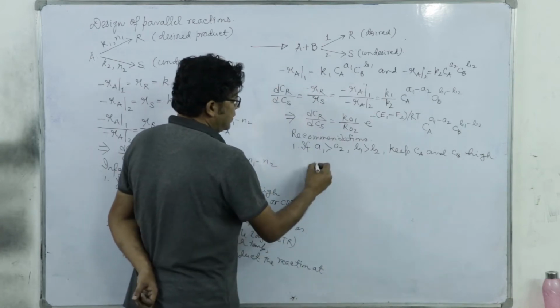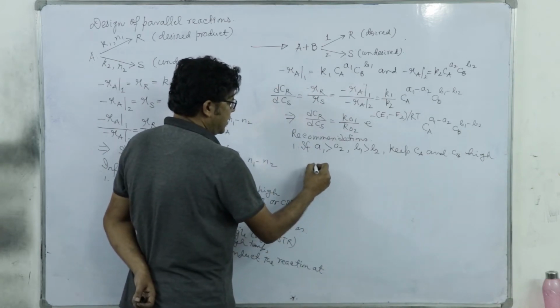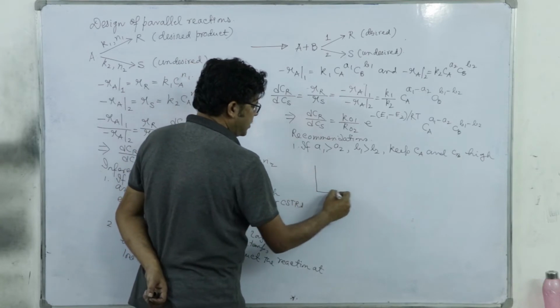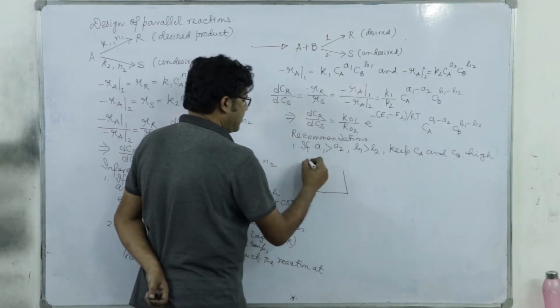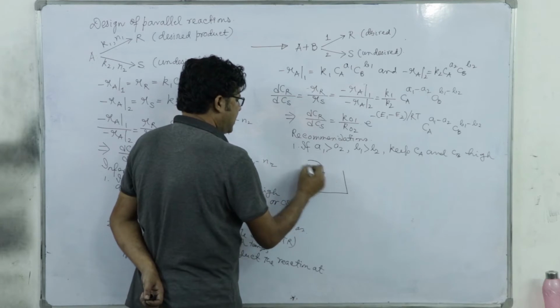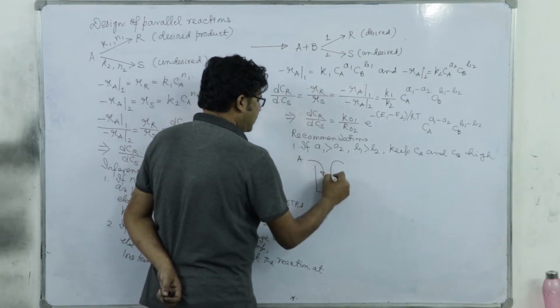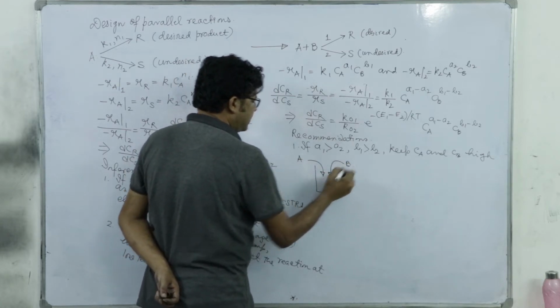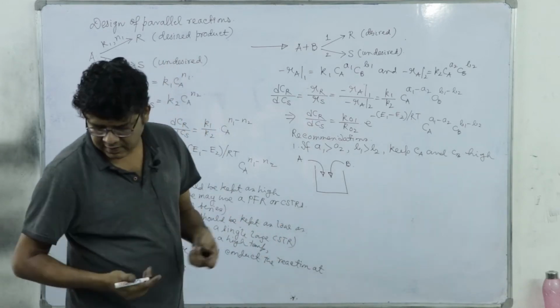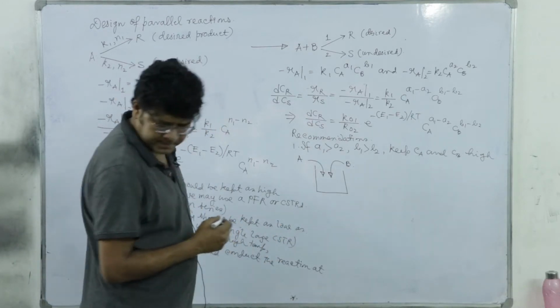In batch mode, we add A and B simultaneously in equal amounts, such that the concentration is pretty high.